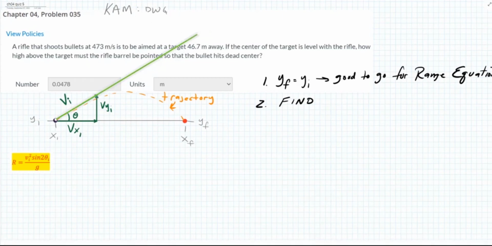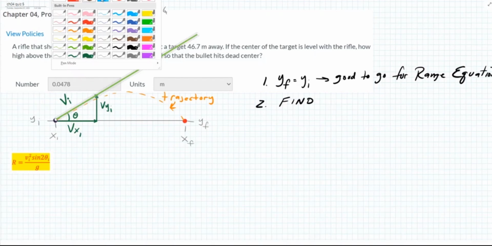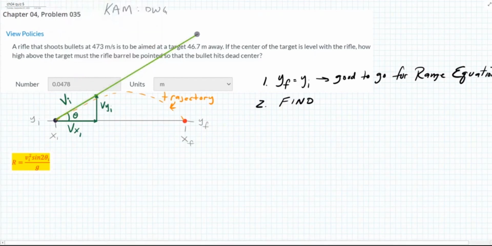This big purple dot right here is my aim point. I'm just going to tidy up a bit here. That's what I have to aim at. If I aim at that point, my projectile will hit the target.